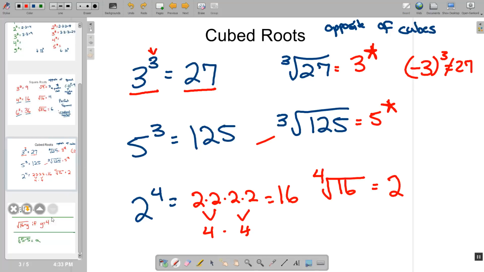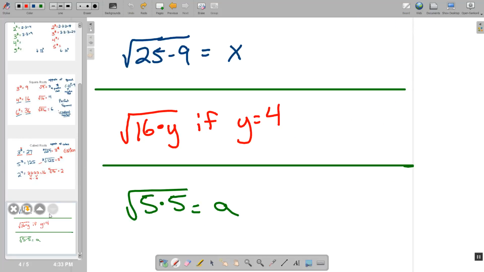Okay, and now we're going to go to the last slide. And this is what a level 4 type problem would be in this section. We are solving for the variable, or solving the expression if we're given the variable. For the top one, we have the square root of 25 minus 9. If we're ever working with square roots, we want to pretend there are parentheses underneath the square root. So you will do whatever you can underneath the square root first and then solve for the variable second.